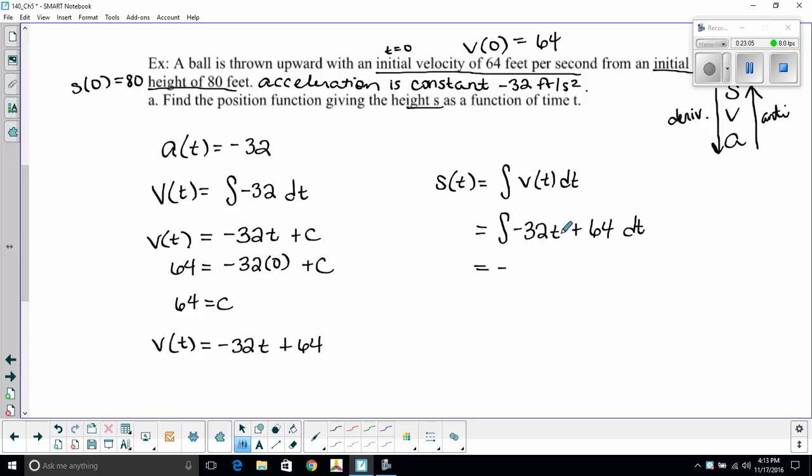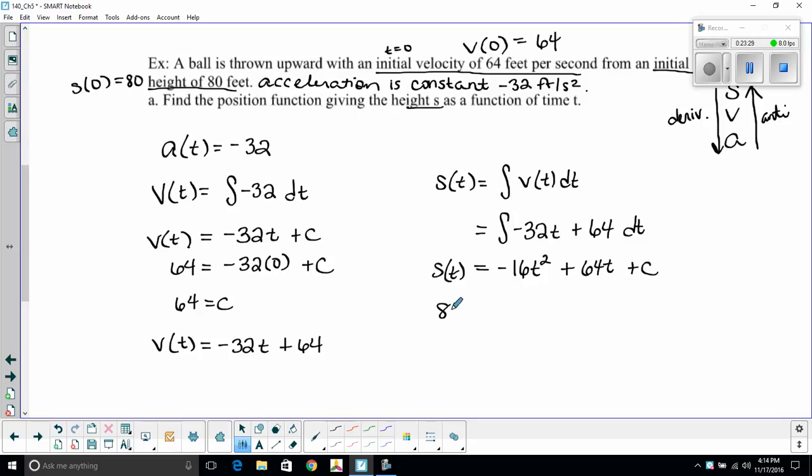Well, add 1 divided by 2, that would be t squared divided by 2, which would be negative 16t squared, plus add 1 would just be t divided by 1, so 64t plus c. And then that would be the general one.